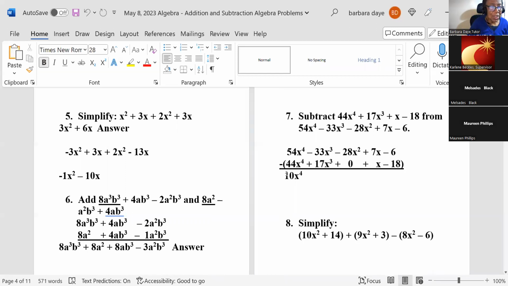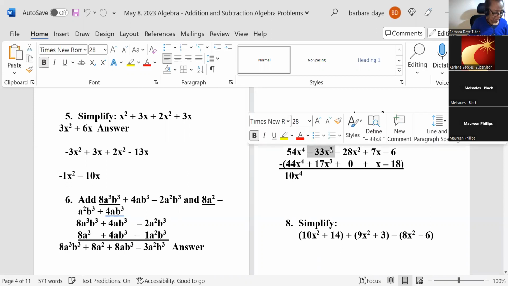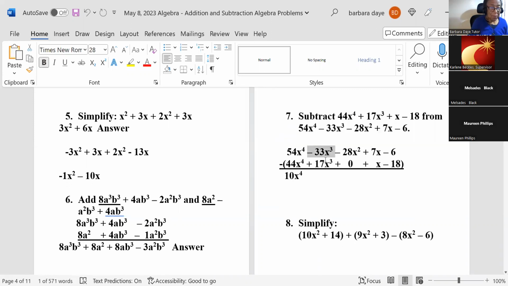minus 33 minus 17. What do you get? I'll say these. X to the third. That will be 50x to the third power. Plus or minus? Minus. That's it. Very good. Minus, let's just put that there.